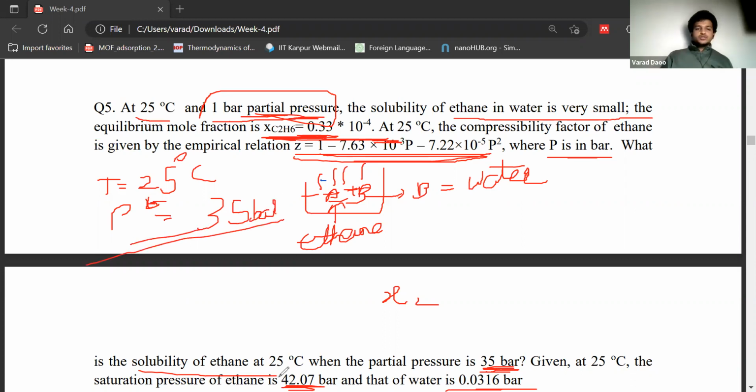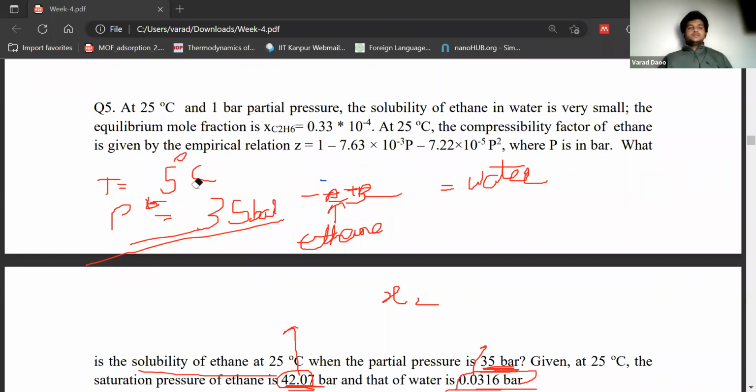We are also given the saturation pressure of water, and this is of ethane. Just by looking at these two saturation pressures, we can say that there is a huge difference. Hence, one of the components is going to be present in dilute amount. With this hint, I would like you to try this question. I will clear the screen.